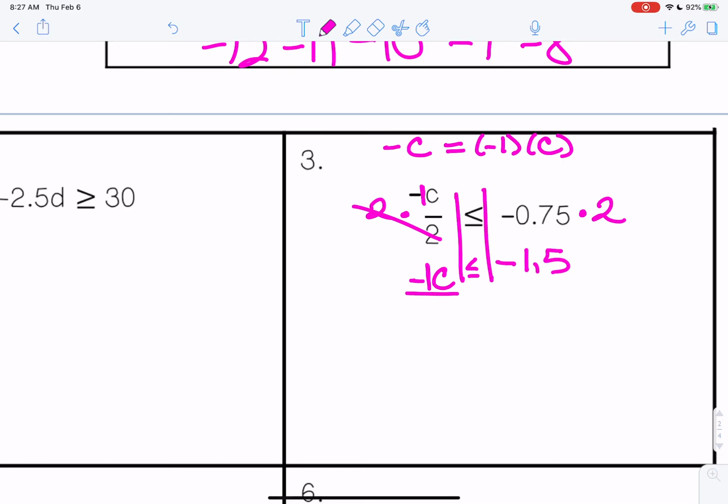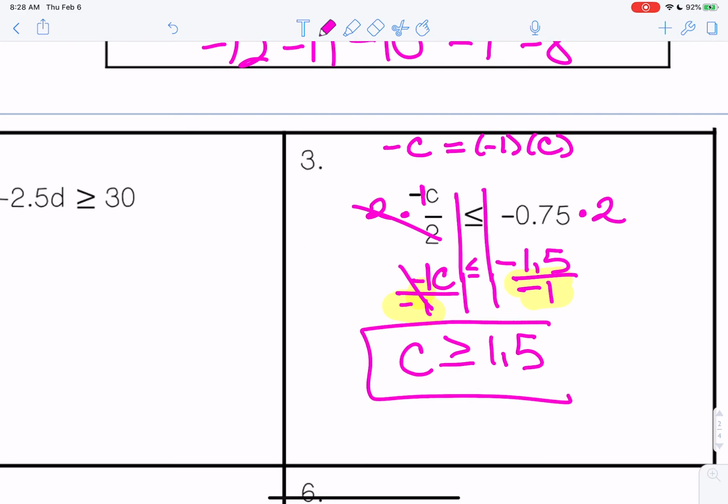So I'm going to divide both sides by negative 1. These negative 1's cancel. And I have a C. Because I'm dividing by a negative, guys, I have to flip that sign, and negative divided by a negative is a positive, 1.5 divided by 1 is 1.5, and that's our answer.